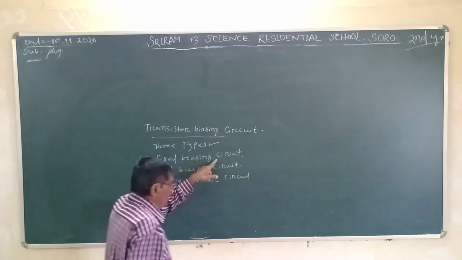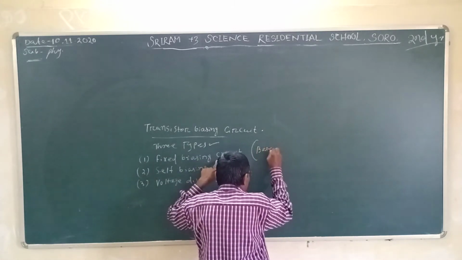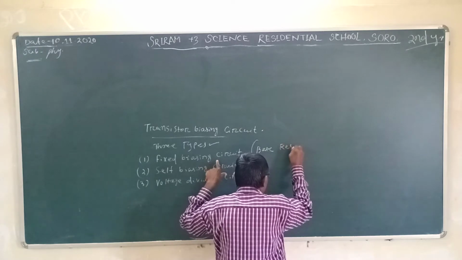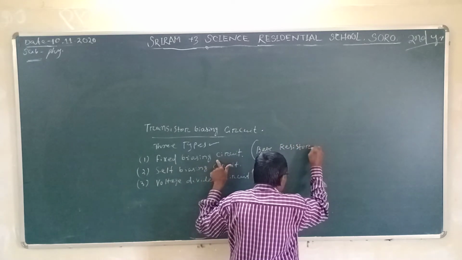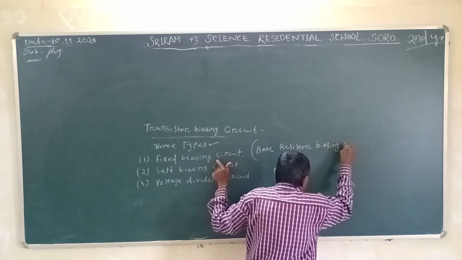Now the fixed bias circuit is known as the base resistor biasing method.